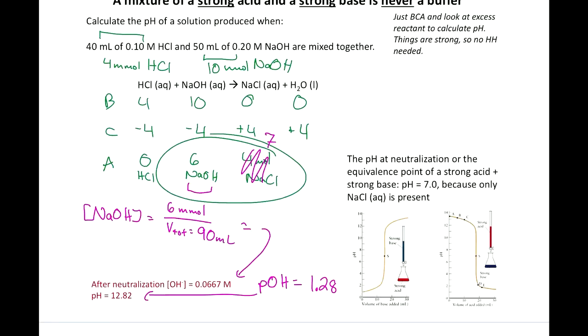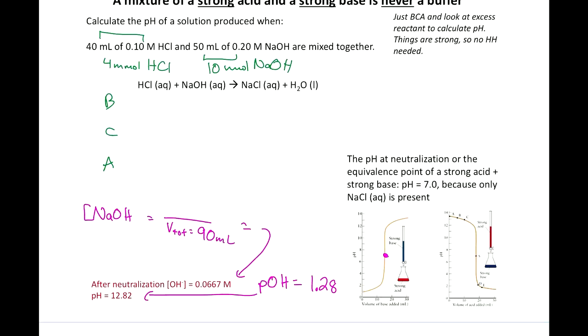Before I move on, what do you think the pH is at the neutralization point? When you do a titration, if you have an equivalence point of your strong acid, strong base, what do you think the pH is? 7, and it is 7, but let me prove it to you. So I'm going to erase these numbers, all right? Pretend you do a titration and you add 10 moles of HCl and 10 moles of sodium hydroxide.